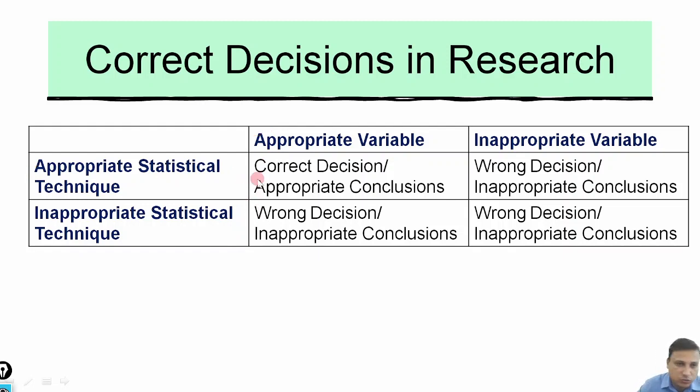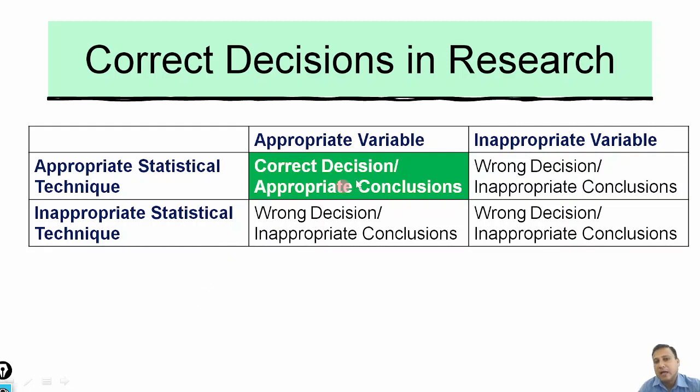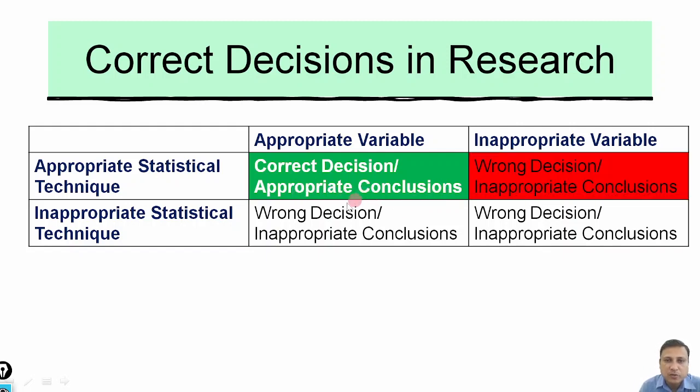Now suppose I'm having an inappropriate variable and I'm applying an appropriate statistical technique, then I'm going to commit a wrong decision and I'm going to get inappropriate conclusions.